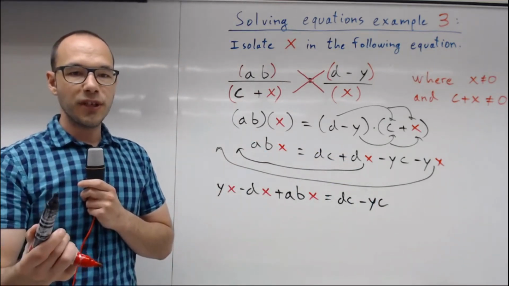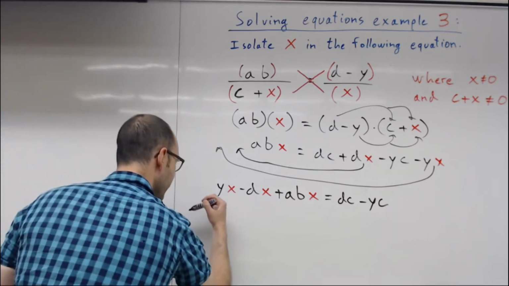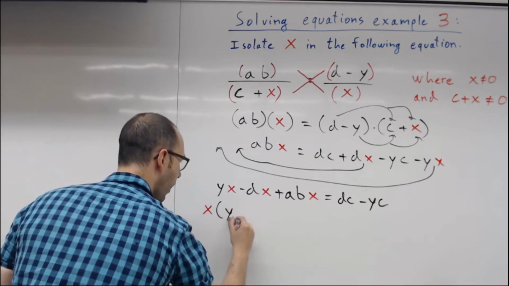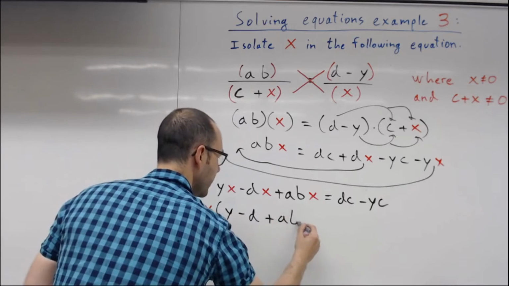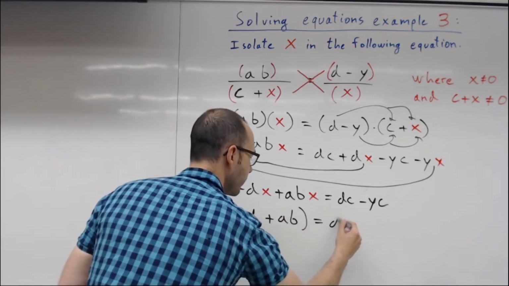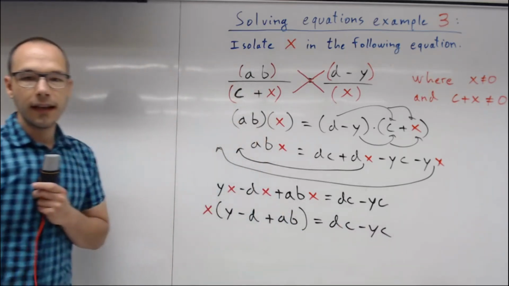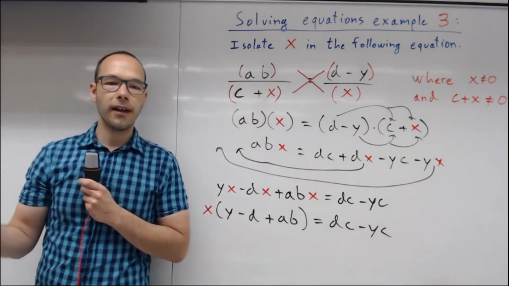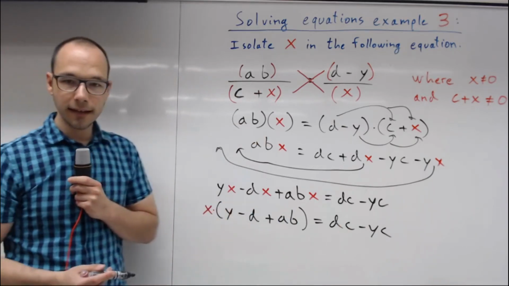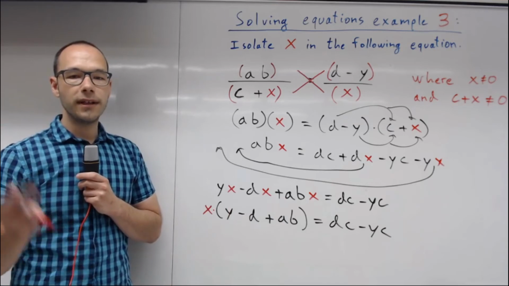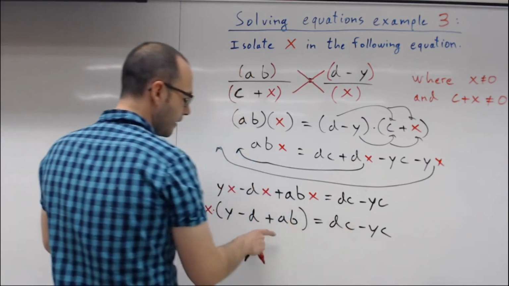I use the special trick: I factor out my x. So now I have x as a common factor of y minus d plus ab, and all of that is going to be equal to dc minus yc. And I am almost done. Since my x is multiplying this bracket, all I have to do now is divide the expression on the right side by this bracket.